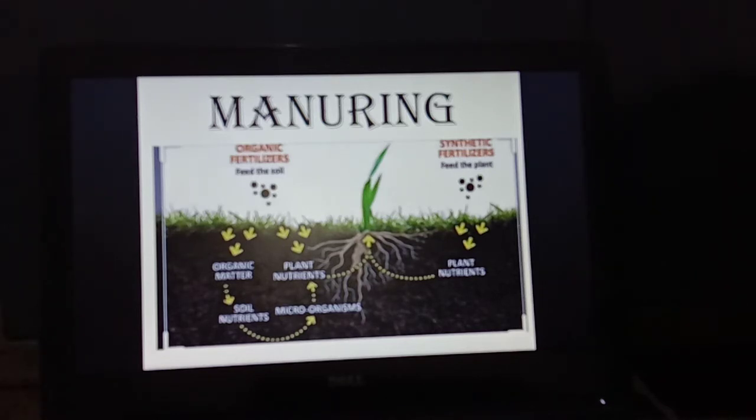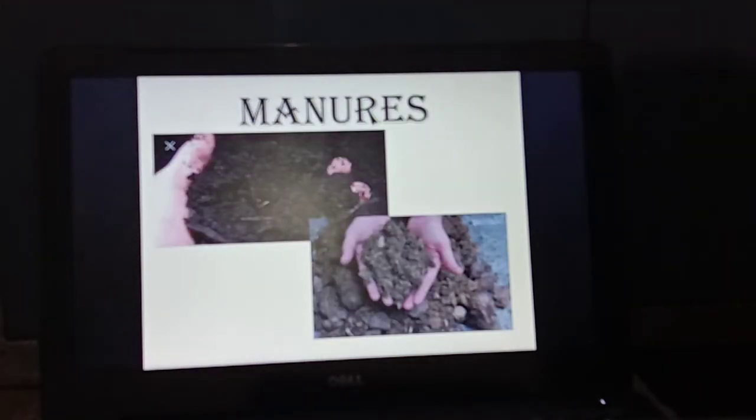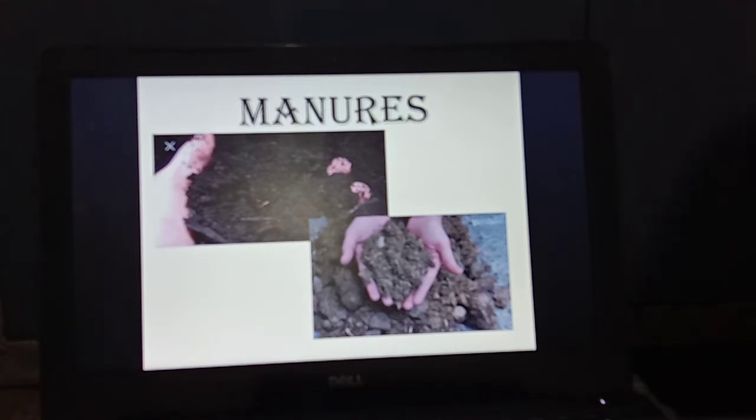Manuring can be done by two sub methods, that is manures and fertilizers. By adding them, we can improve the soil. Number first, the manures. What are manures? Manures are organic substances that supply almost all the nutrients required by plants. They are obtained from dead and decaying organic matter.